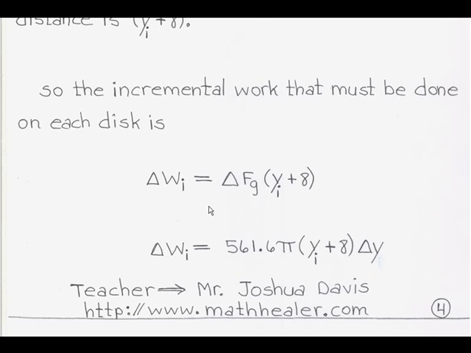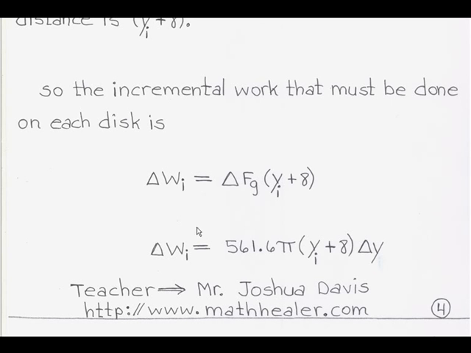So the incremental work is again equal to delta F sub g times y sub i plus 8. Substituting in our value for delta F sub g, we now have that delta W sub i is equal to 561.6 times pi times y sub i plus 8 times delta y.